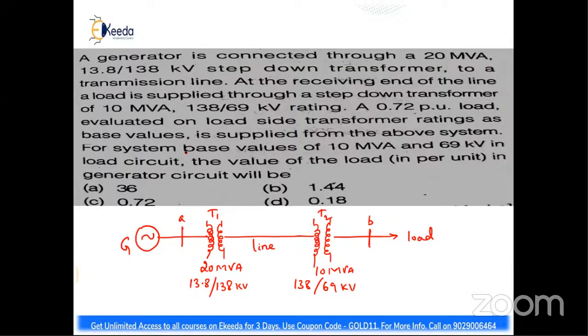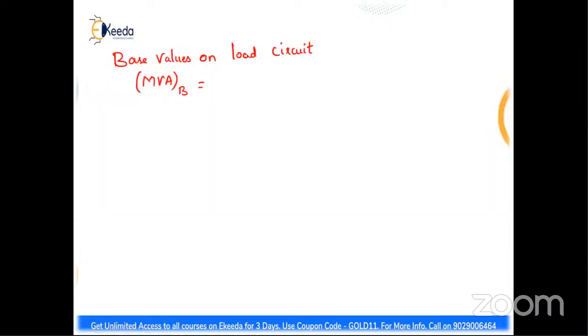Base values of 10 MVA and 69 kV in the load circuit. This side is our load circuit. In the load circuit, the base values are 10 MVA and 69 kV. So let us write down MVA base, that is 10 MVA, and kV base is how much? 69 kV. Okay, so we have to find out the base values in the generator circuit.